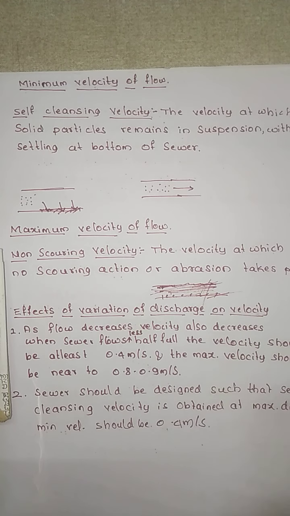The non-scouring velocity should be around 0.8 to 0.9 meter per second. The maximum velocity should not cross beyond this, or else abrasion will take place in the sewer. So the sewer should be designed in such a way that the self-cleansing velocity is obtained, varying between 0.3 to 0.4 meter per second.